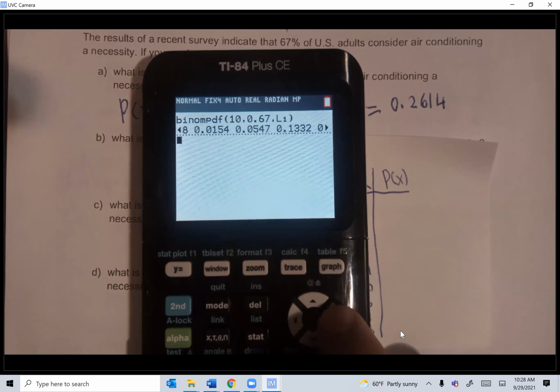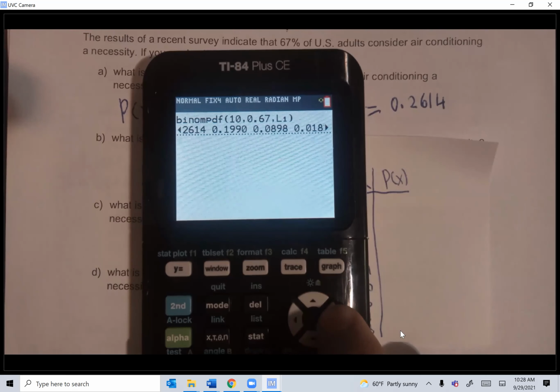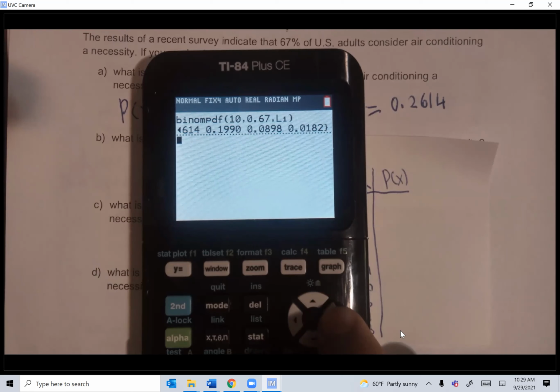It's coming. That's the one we did earlier, and so on. You see this 0.2614, x equals 7. Then x equals 8, 0.1990. X equals 9, 0.0898. And the last one, guys, 0.0182, which is the probability of x equals 10.